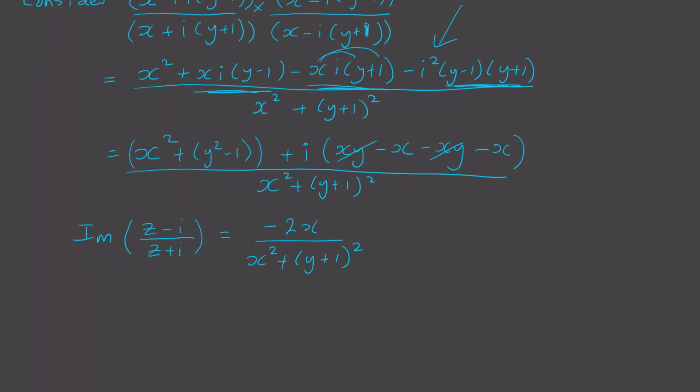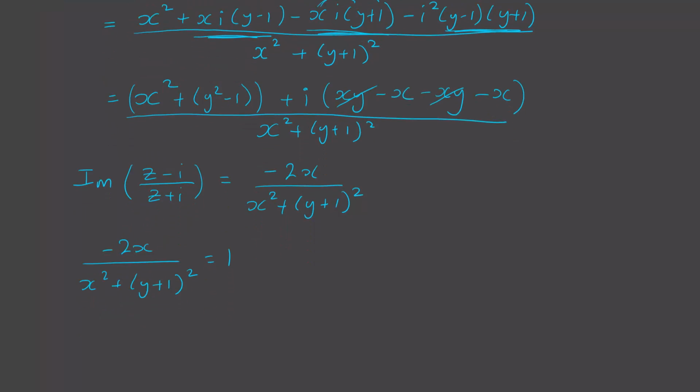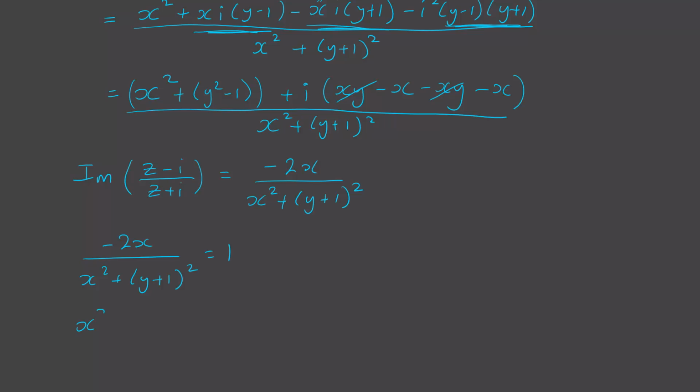And therefore, negative 2x over x squared plus (y plus 1) all squared is equal to 1. So that gives me that x squared plus (y plus 1) all squared is equal to negative 2x.